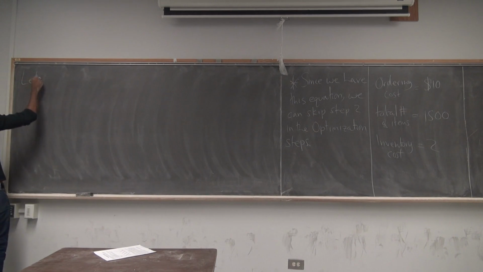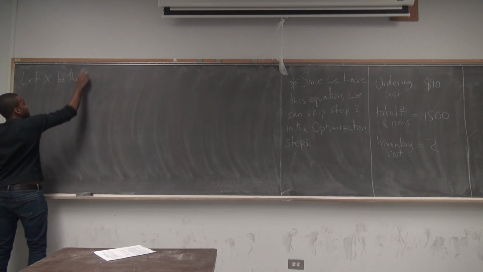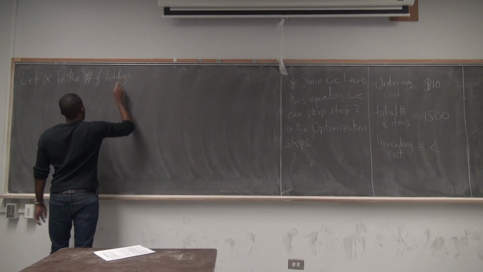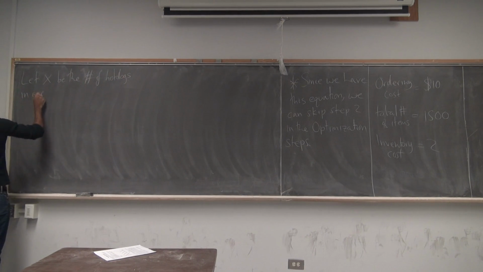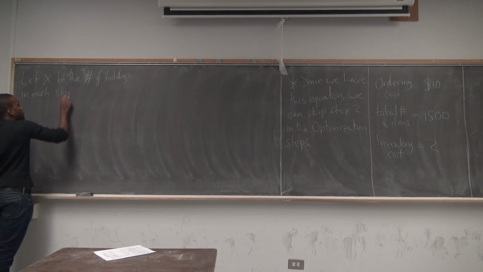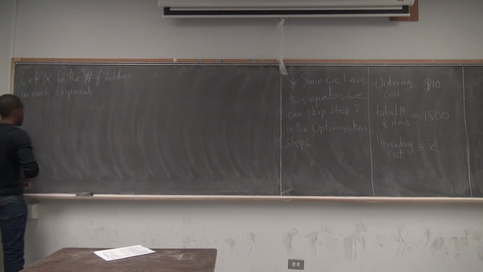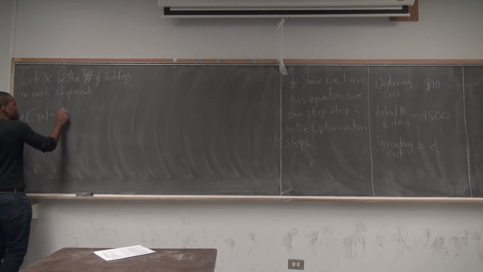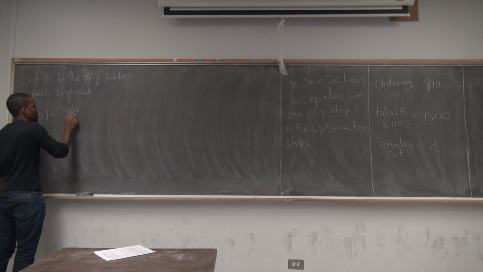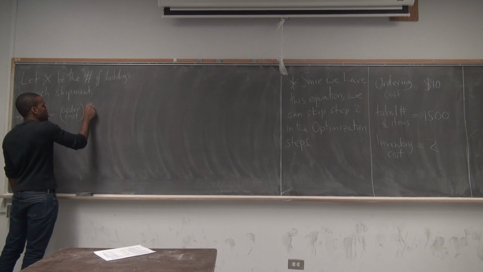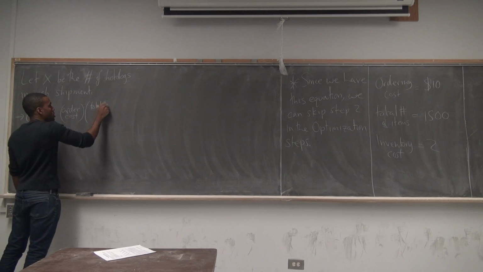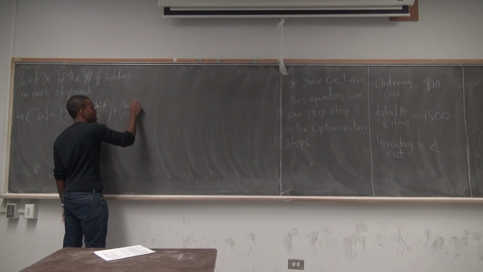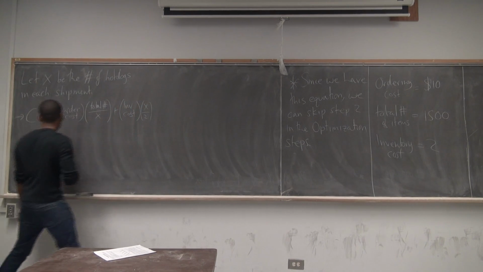So let X be the number of hot dogs in each shipment. This means my cost function is going to be given by order cost times total number over X plus inventory cost times X over 2.